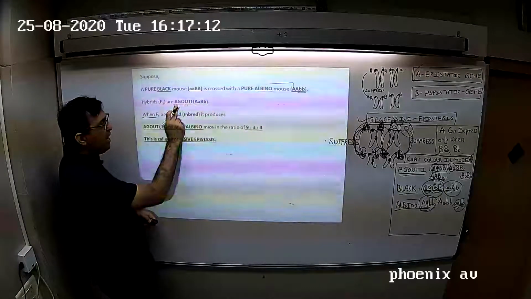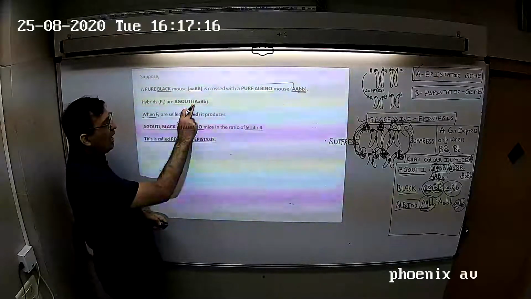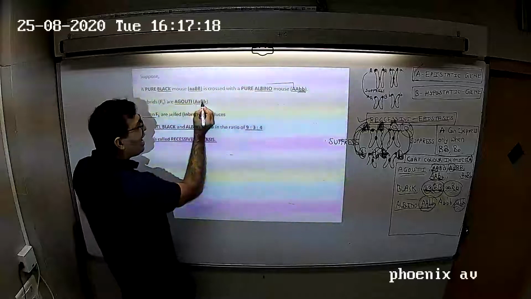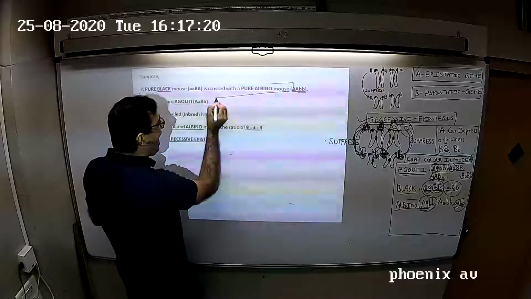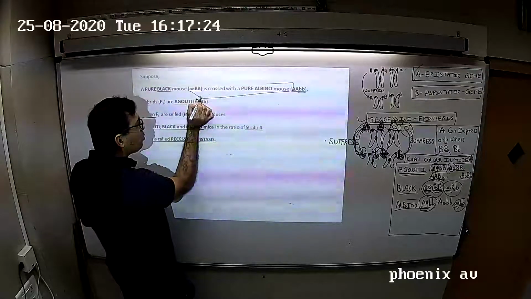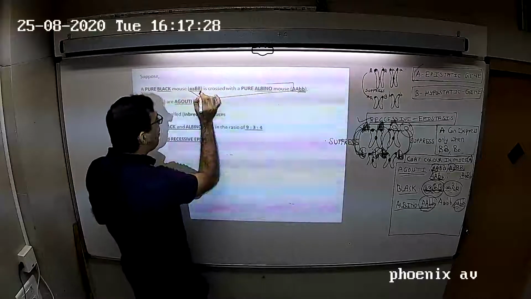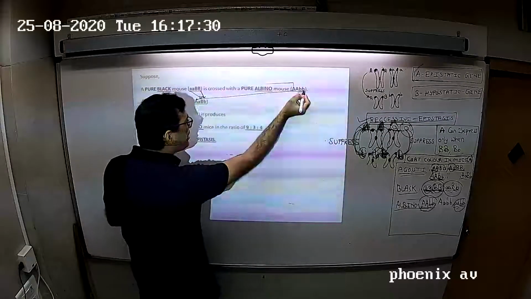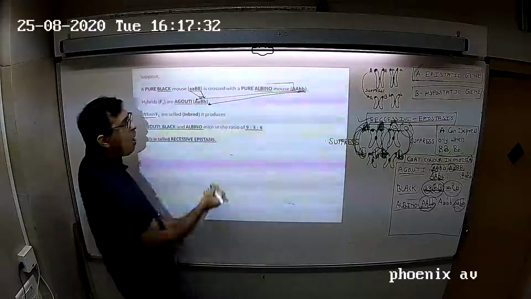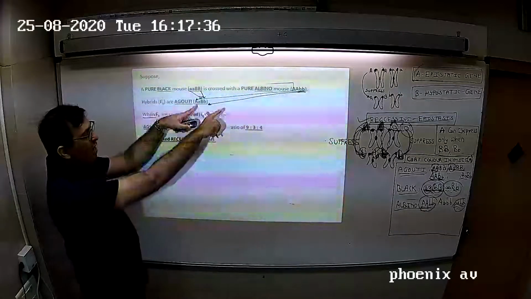The F1 hybrid will be agouti. What came from this? Capital A, and from this small a, and from this capital B, and from this small b. So what is the F1 generation?